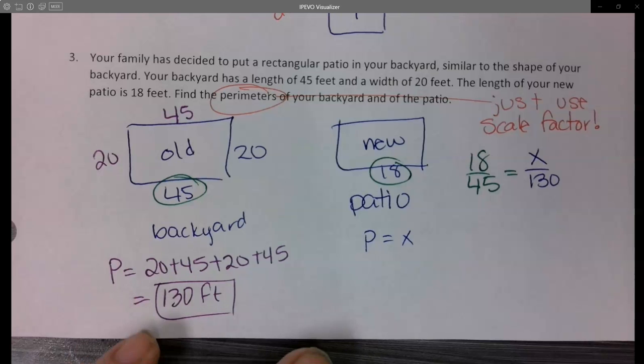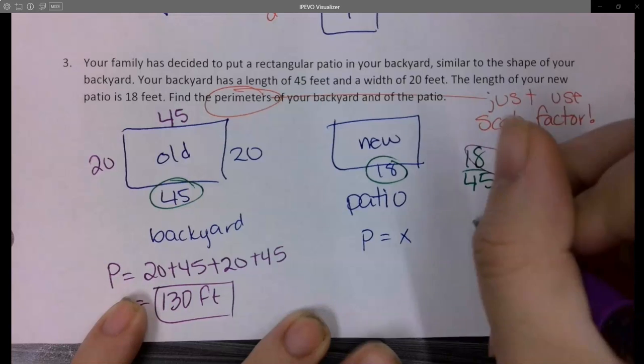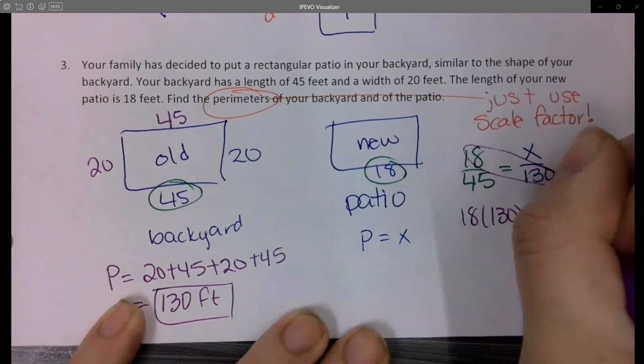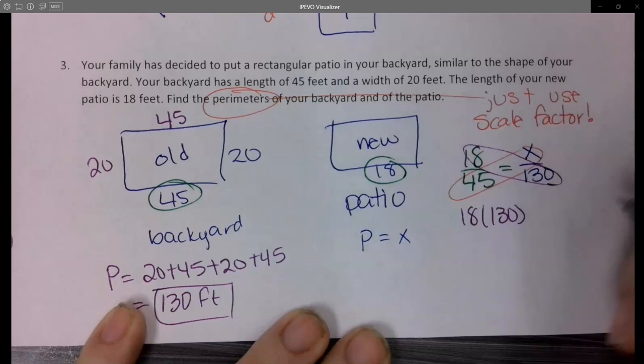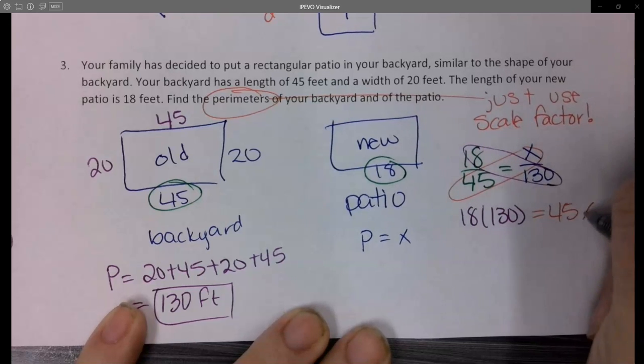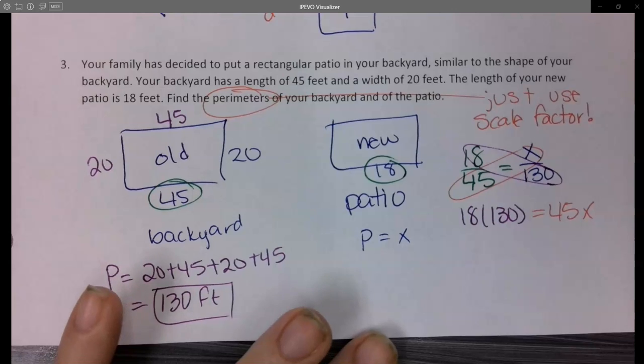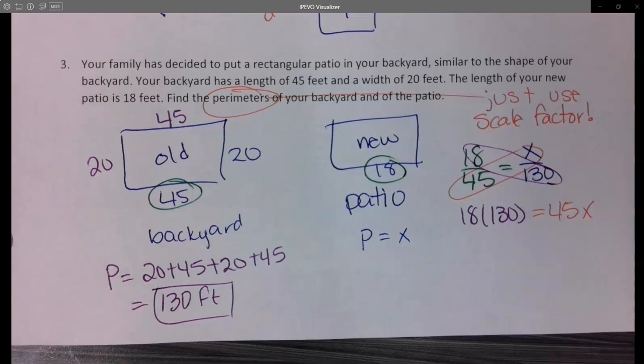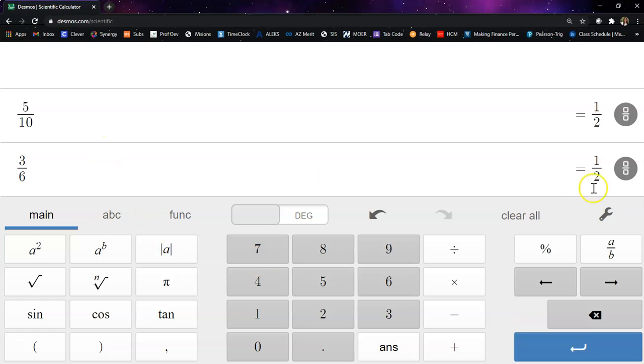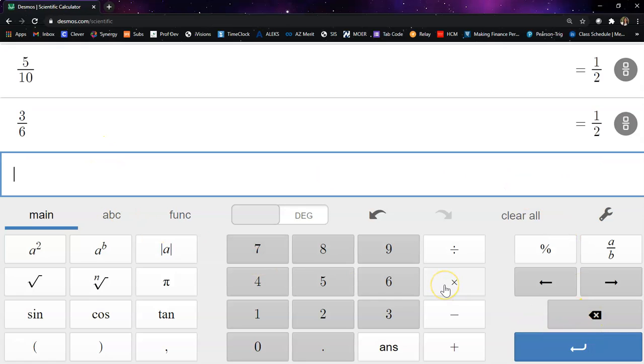Then I want to go ahead and cross multiply. So I'm going to have 18 times 130, and then 45 times X. So I want to go to Desmos to figure out what 18 times 130 is. That gives me 2,340.